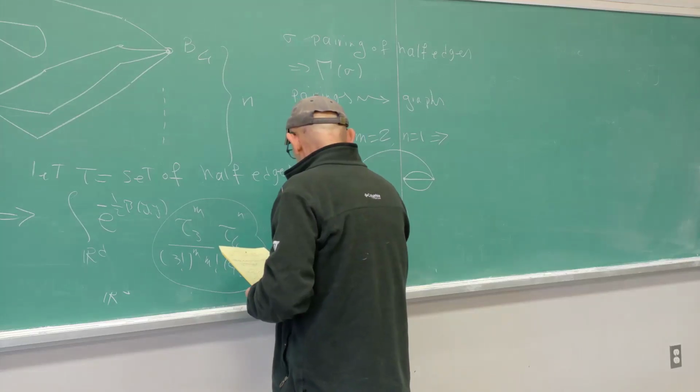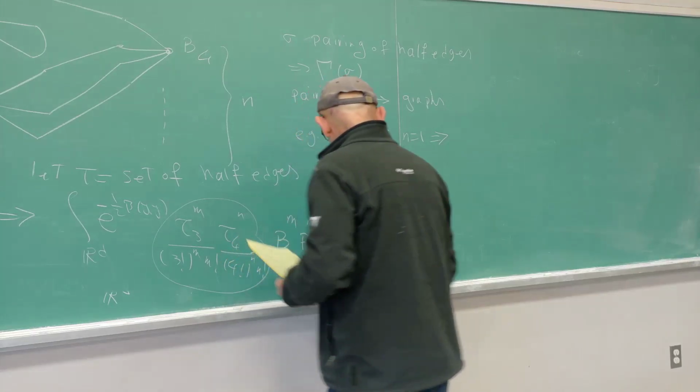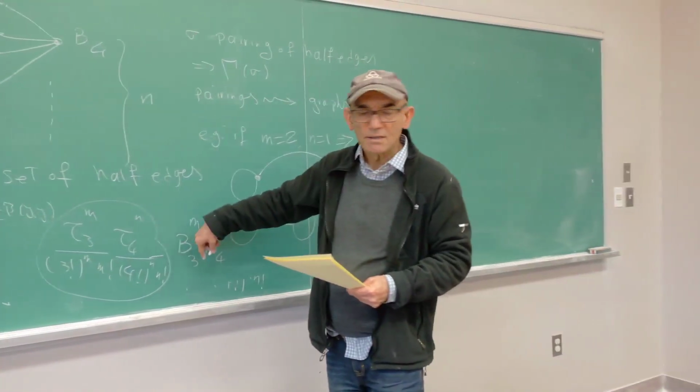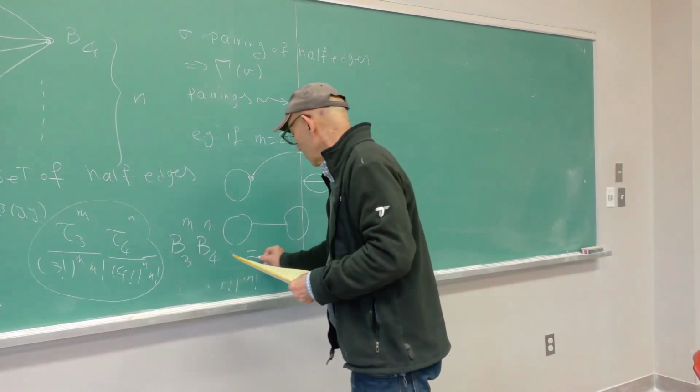That's the crucial part. And then b4 to the power n, right? This is the quantity that we want to compute.